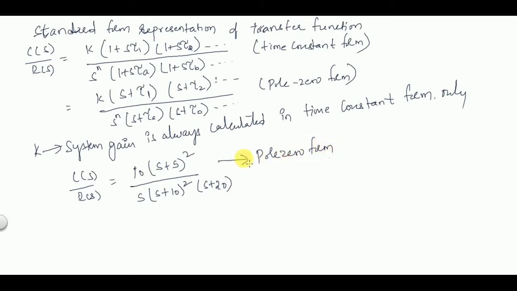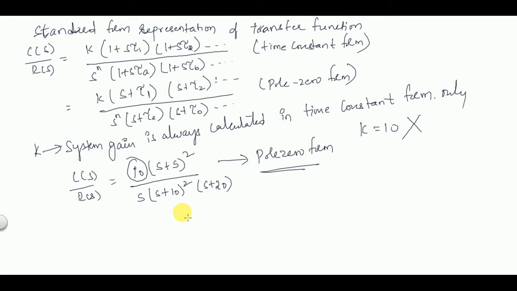Directly you might say the gain of the system is 10. If k is equal to 10, this is wrong, because you can't tell the gain of the system in pole zero form. You can tell the gain of the system only in time constant form.